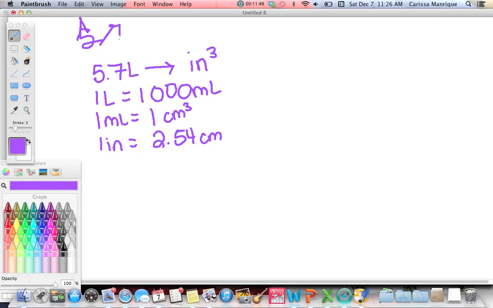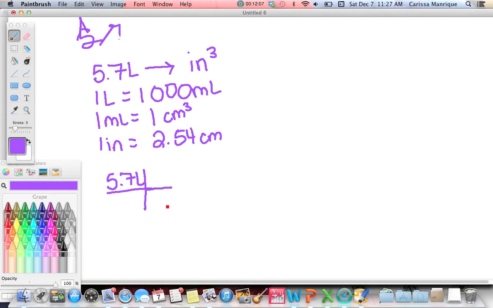We need to figure out what order to put them in. So we go back to our original number, which is 5.7 liters. We have a liter right there. What do I need to put down here? Liters.